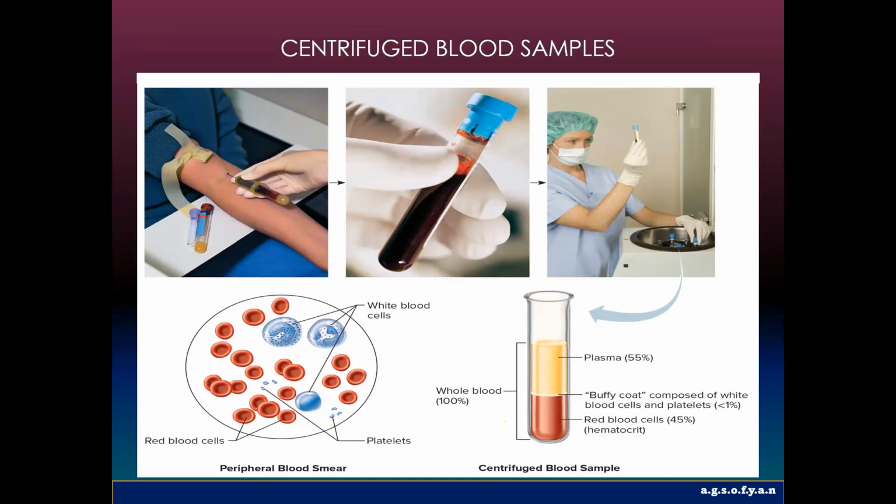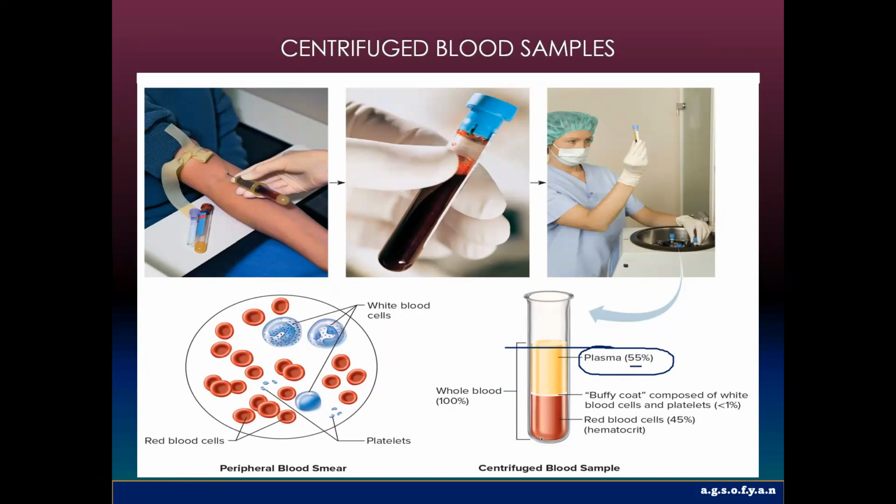The bottom part will be the blood cells. So this part is actually heavier than the top part. The top part will be mostly the watery part. It's called the plasma. So when we centrifuge the blood, we will find two main portions. The top one is called the plasma or blood plasma, normally about 55%.